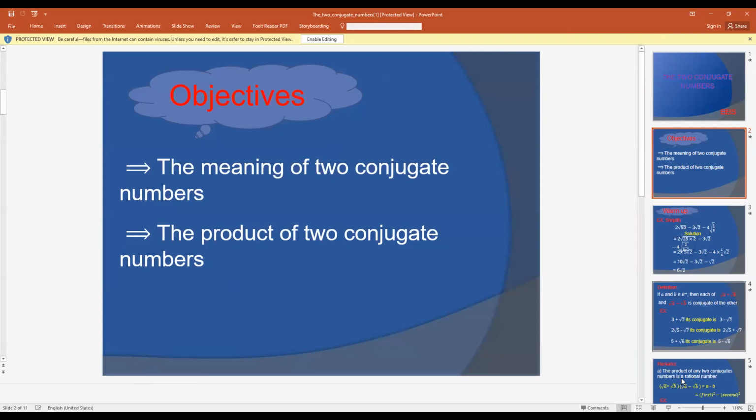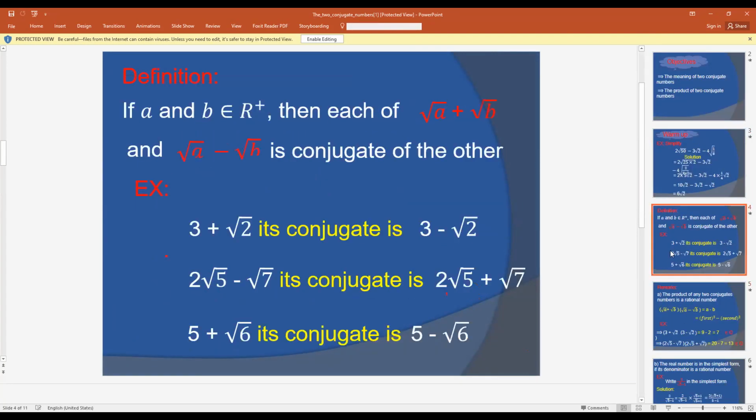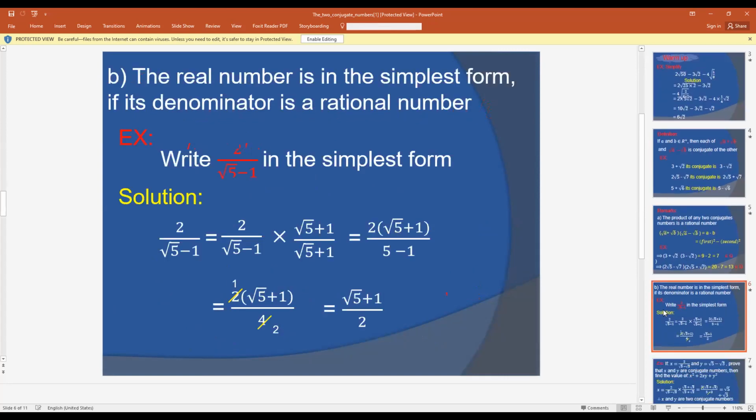And I said also, here, if I have 2 over root 5 minus 1, I can make the denominator a rational number. How? I multiply by its conjugate up and down, and its conjugate is root 5 plus 1. So I multiply by root 5 plus 1 over root 5 plus 1, which equals root 5 plus 1 over 2.